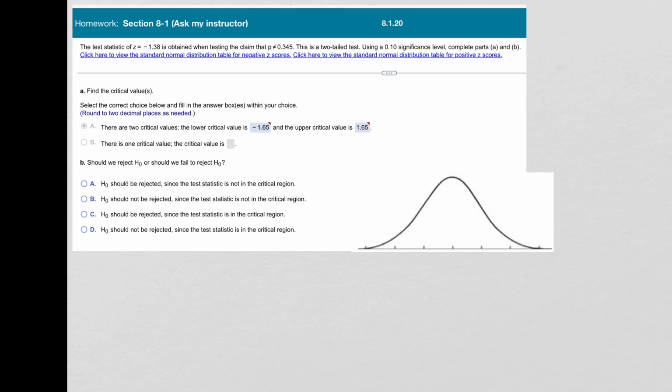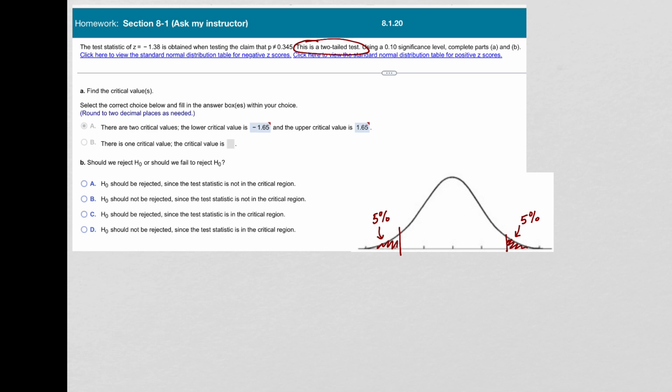Again, we have a 0.10 significance level, but in this case, because it is a two-tail test, we have to split the 10% between the two tails. So we're going to have 5% in the left tail. Oops, I just wrote 5% instead of converting to decimal, and 5% in the right-hand tail.